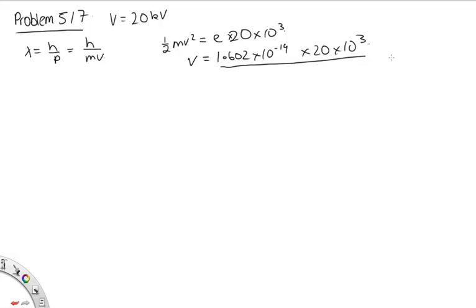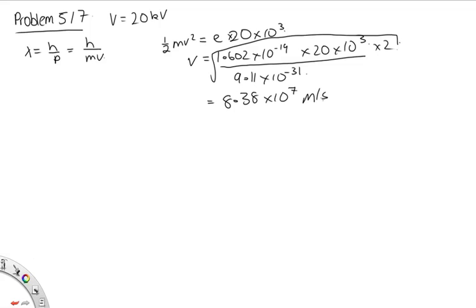And we need to times this by 2 and divide it by the mass of the electron, which is 9.11 times 10 to the minus 31. And so we take the square root to get our velocity, and this tells us that the velocity is 8.38 times 10 to the 7 meters per second. So now what we can do is we can substitute into here.